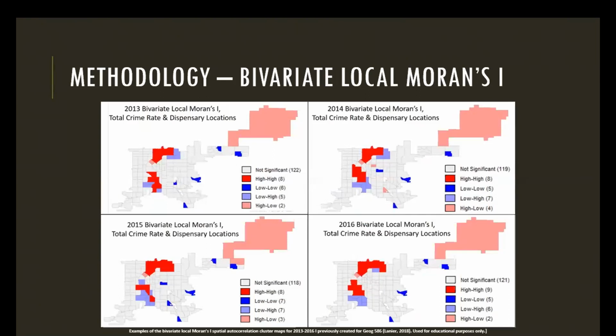And then Moran's I measures spatial autocorrelation. And I'll be using a bivariate local Moran's I for my spatial autocorrelation. So the Moran's I can be classified as positive, negative, and no spatial autocorrelation. Positive spatial autocorrelation is when similar values cluster together in a map and negative spatial autocorrelation is when dissimilar values cluster together in a map.